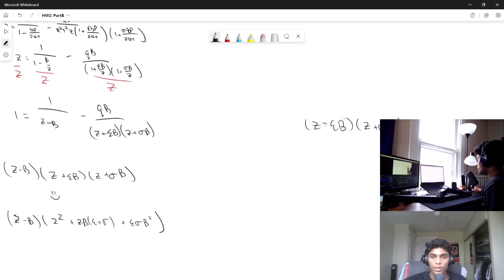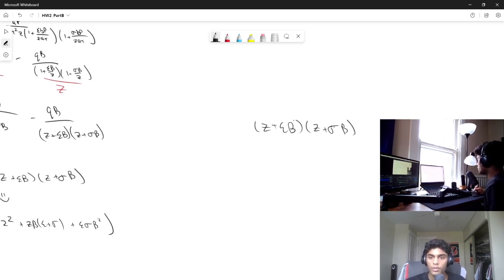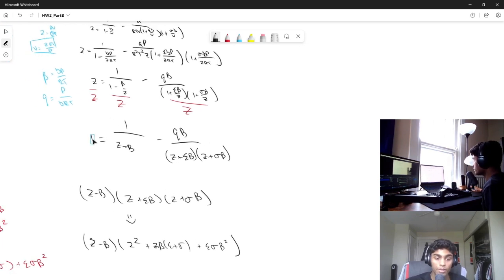So that's going to be minus qb, z minus b. And then in order to get this numerator or slash denominator equal, we're just going to have to multiply by this factor. So we're going to have z minus b, z squared plus zb epsilon plus sigma.